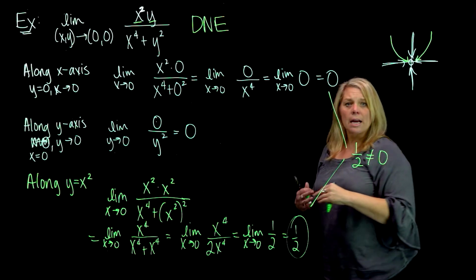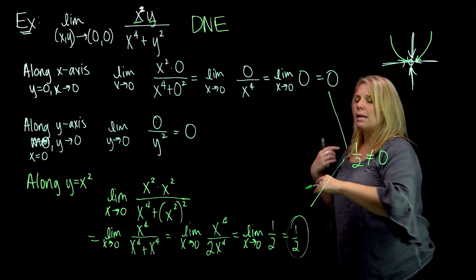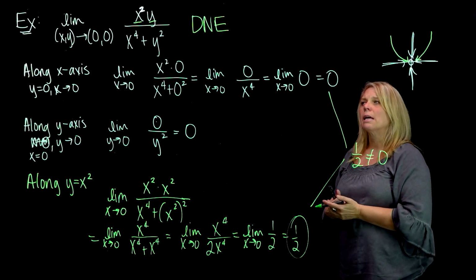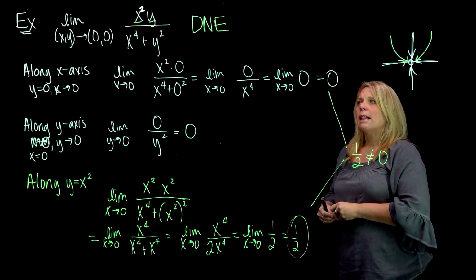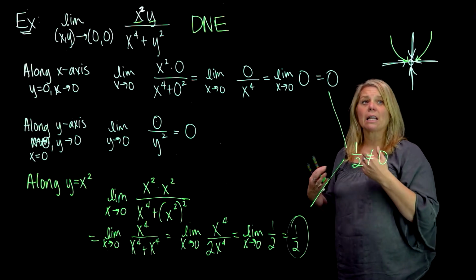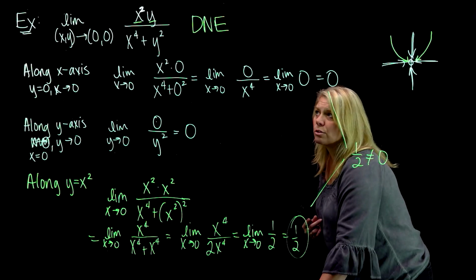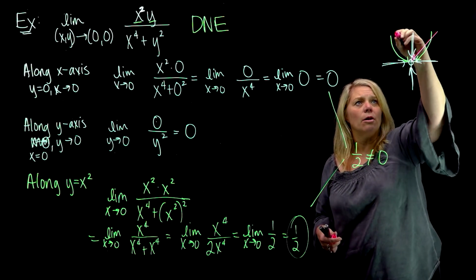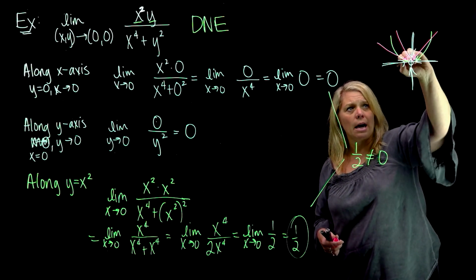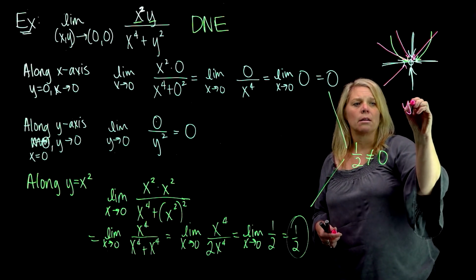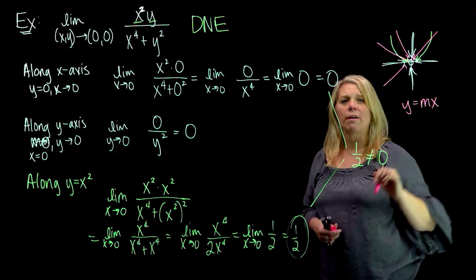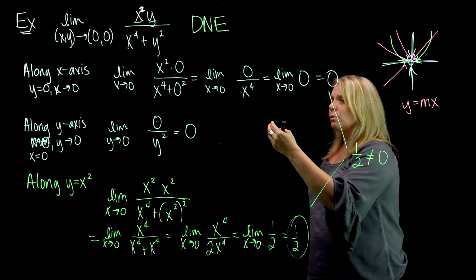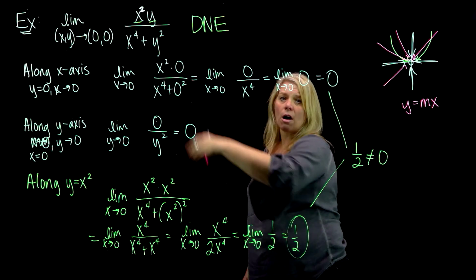Actually, our textbook does this problem, and it does something interesting with it that you might look at. It shows that along every straight line through the origin, y equals mx, for any value of m, when you use any path of approach y equals mx, you will get 0 for all of these limits.